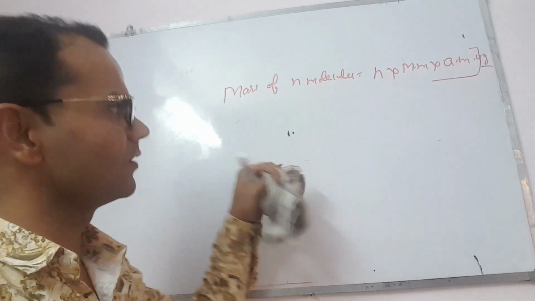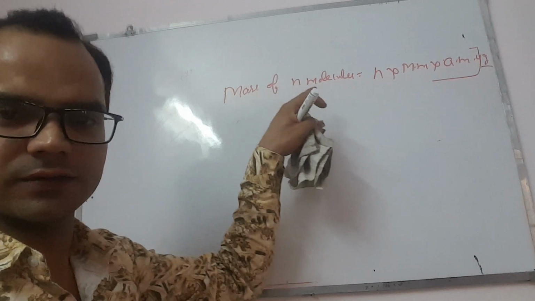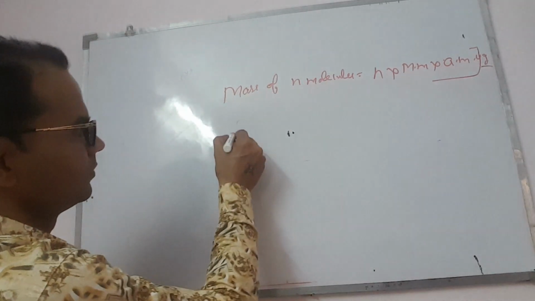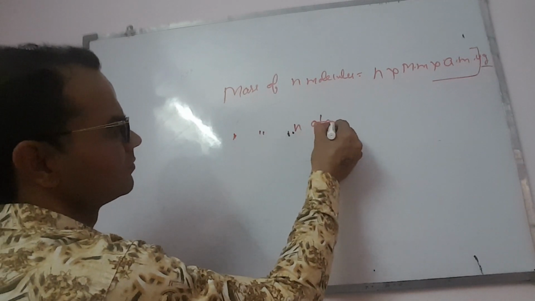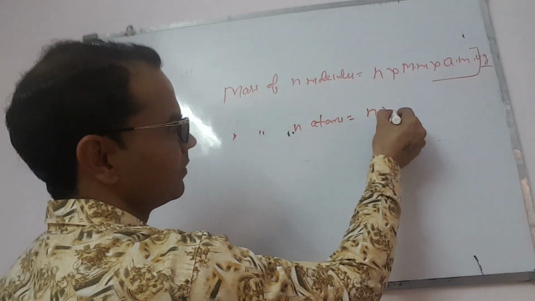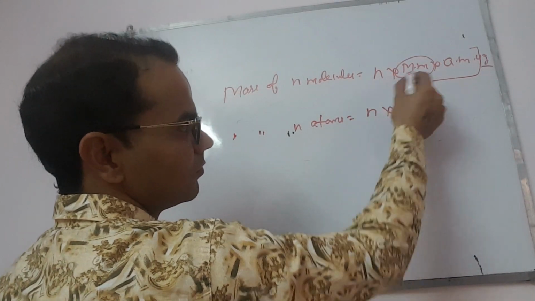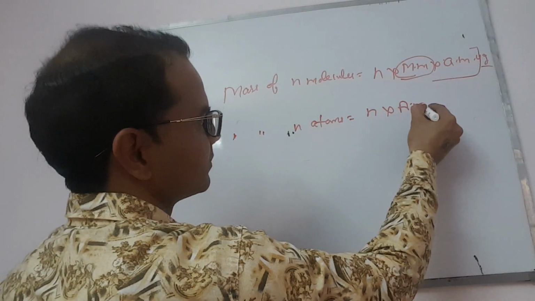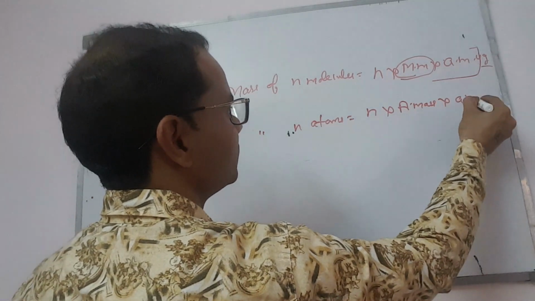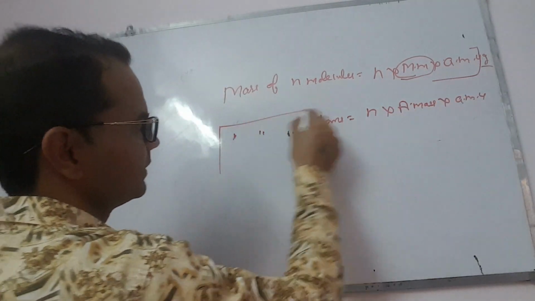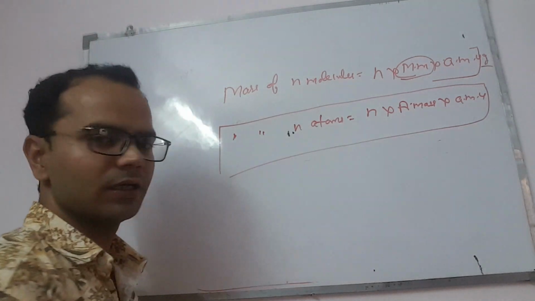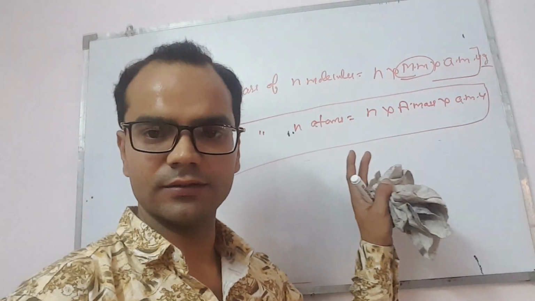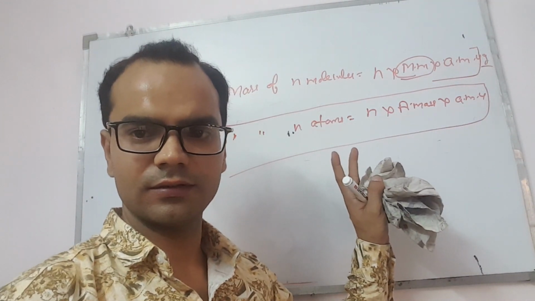Easy. Sometimes in numericals they are atoms. So again this formula is modified to: mass of n atoms equals n into atomic mass into AMU. By this trick you can solve numericals very quickly. Clear? Easy.